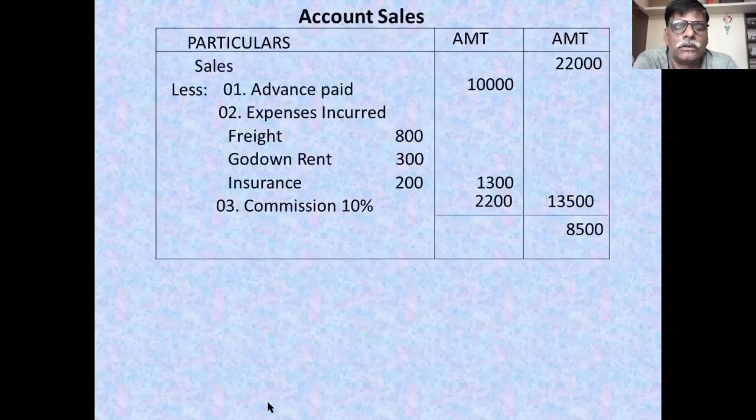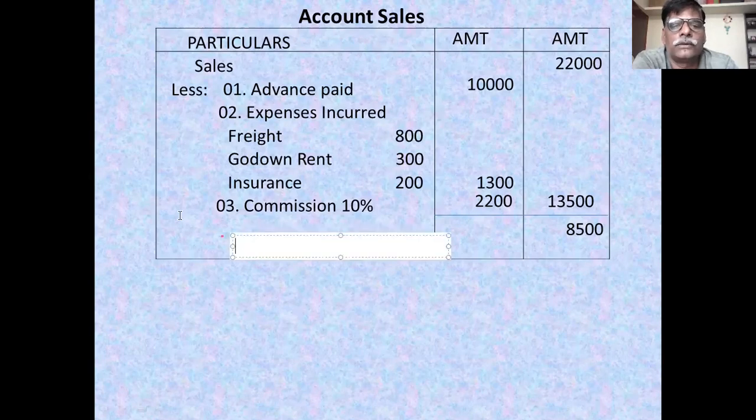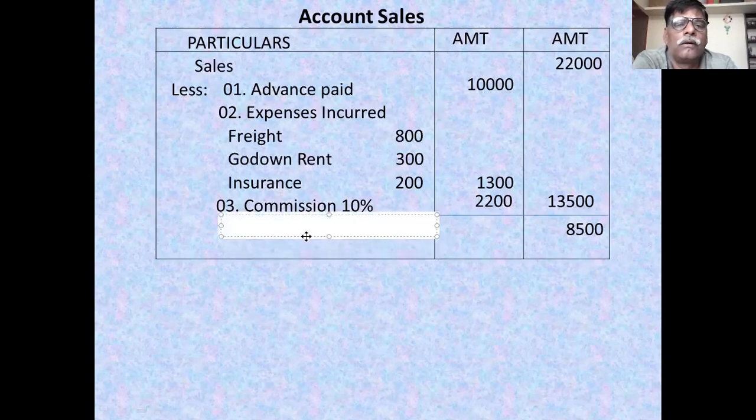Account settled. Okay, you write this amount as the balance paid by cheque.